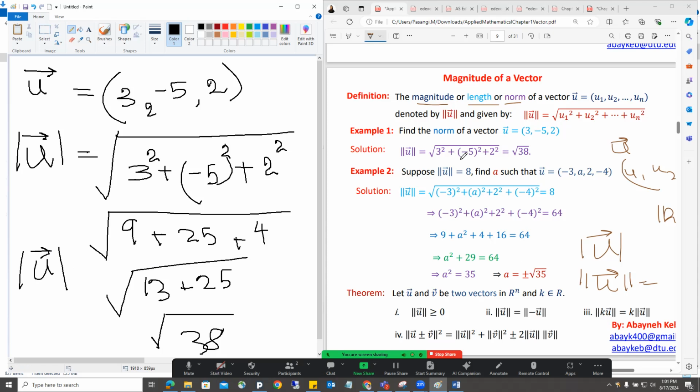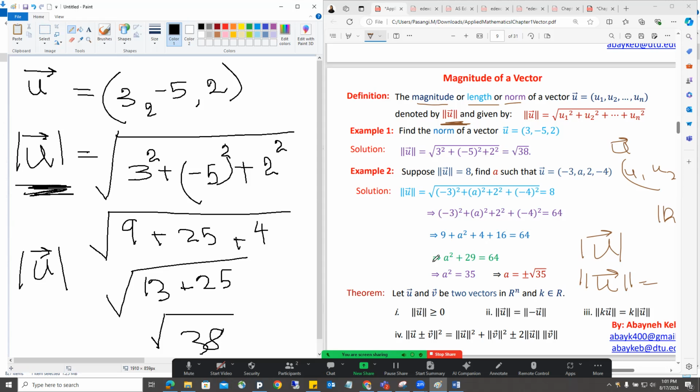In computational vectors, this is the notation. If you are writing, you can use only the single line modulus. This defines the magnitude. Okay?